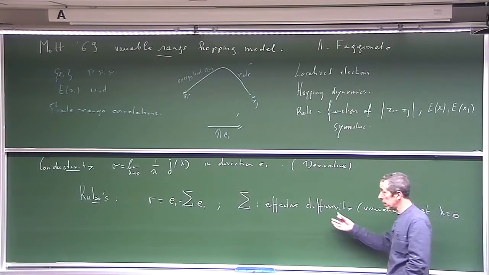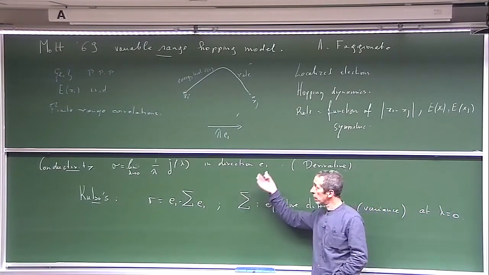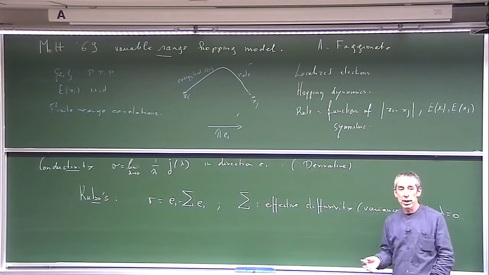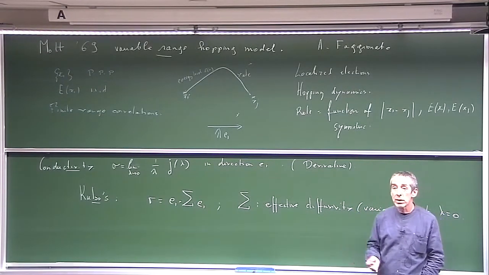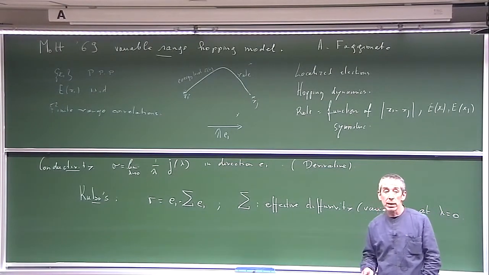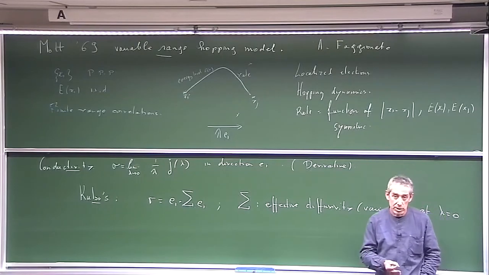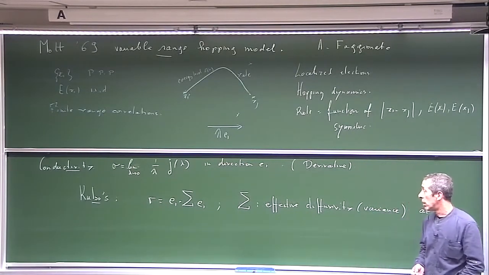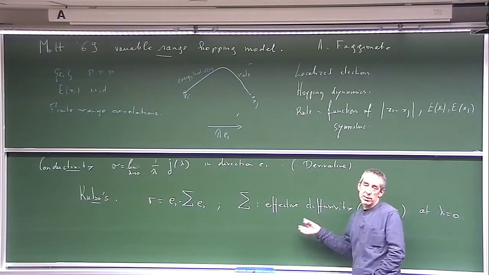So the truth is that this is not an exception. I mean, Mott's model is not an exception. There is a similar discussion about the physical interpretation of the variance of a Brownian motion in the papers of Einstein, which introduced Brownian motion to us. And the discussion is more or less the same.